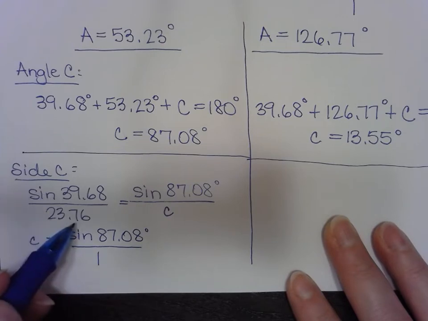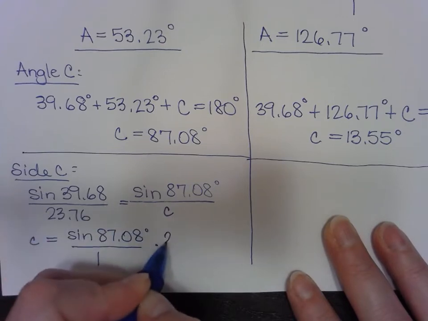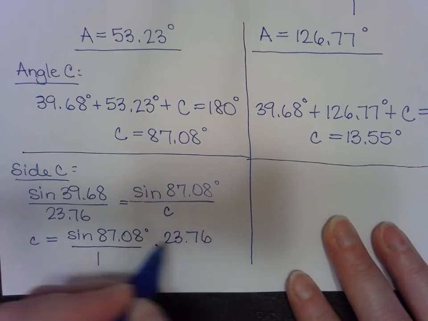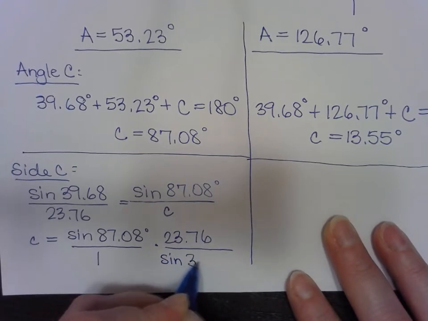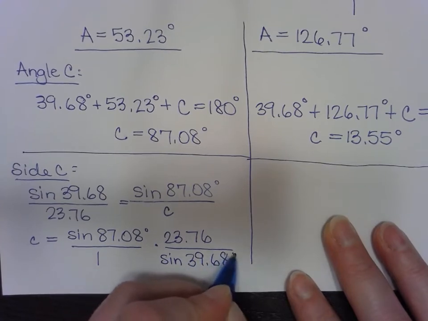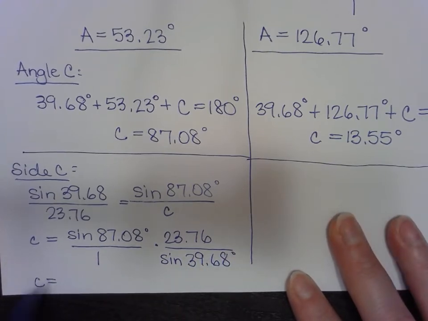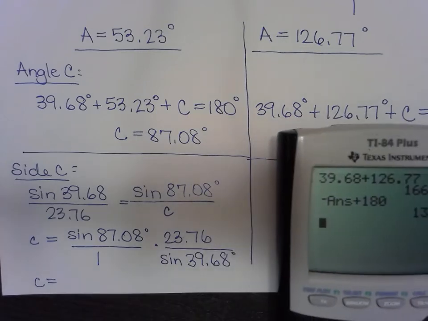And then I'm going to multiply it by 23.76 and divide by the sine of 39.68. So we'll put that into our calculator.